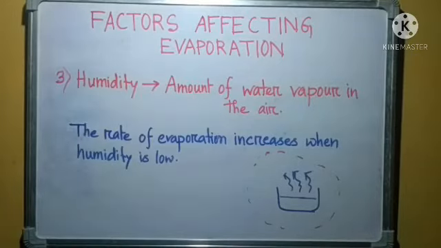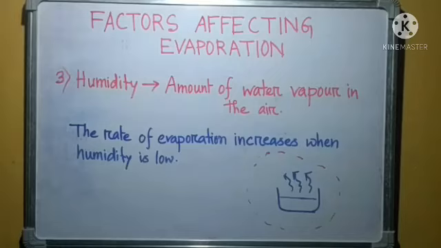We all know what air is: air is a mixture of gases, and it also contains water vapor and dust particles. Humidity differs according to weather and places. Generally the northeastern region of India has higher humidity compared to Rajasthan. So humidity differs from place to place, weather to weather, climate to climate. It is simply the amount of water vapor present in the air.